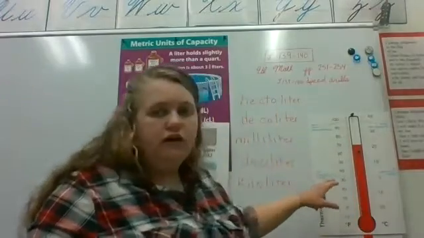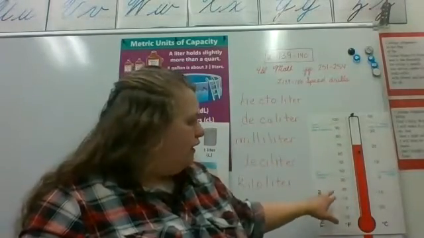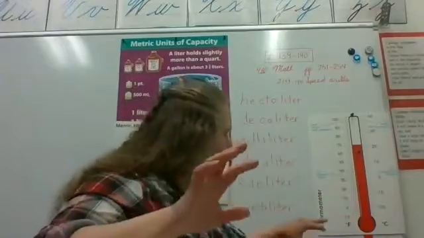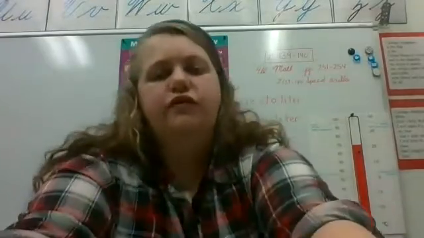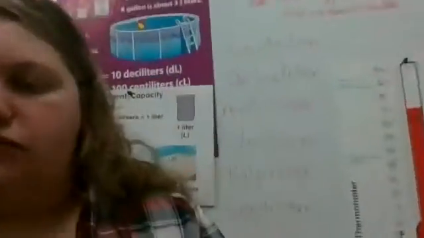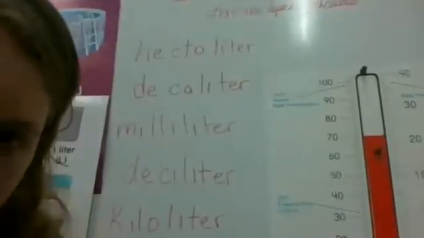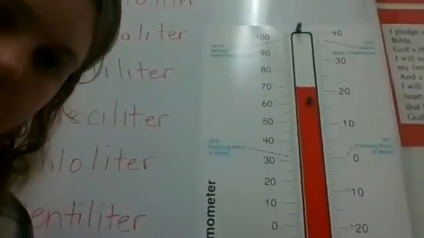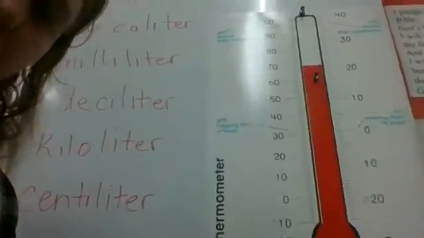We have on the thermometer, which I don't think you can fully see. So let me see if I can get you a little bit closer, and if you can read the thermometer, okay?